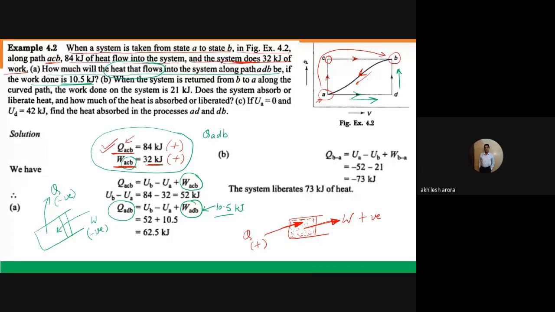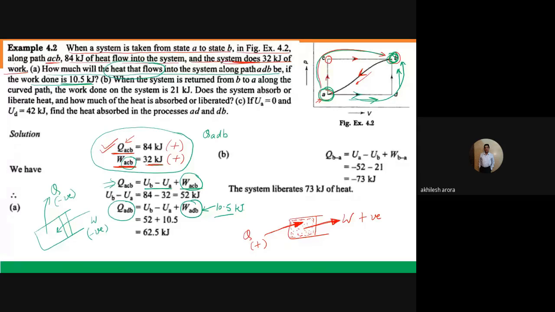First of all, this particular process is happening from A to B. You can go either from here to here or from here to here. Because the initial and final states are fixed, the change in internal energy, whether you go via path ACB or via path ADB, will remain the same. So we write this equation: QACB is equal to UB minus UA plus WACB.